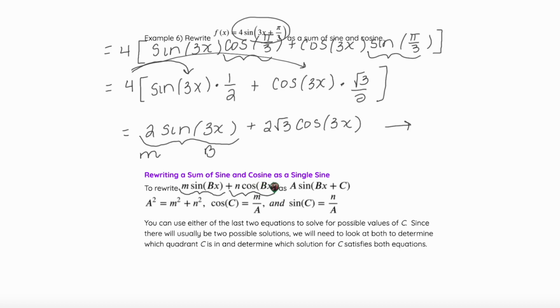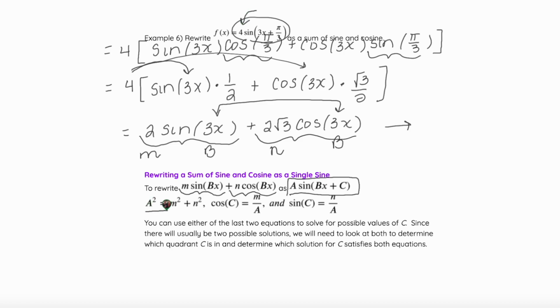So here's another one. Here's our cosine version. Notice our b's are the same in both. And here is our n value. And then rewriting it as a times sine of bx plus c, we would need to find out what a is. So how do we get the 4 out front?